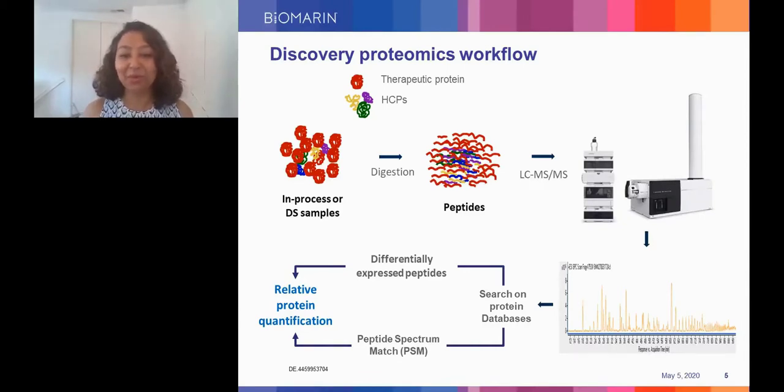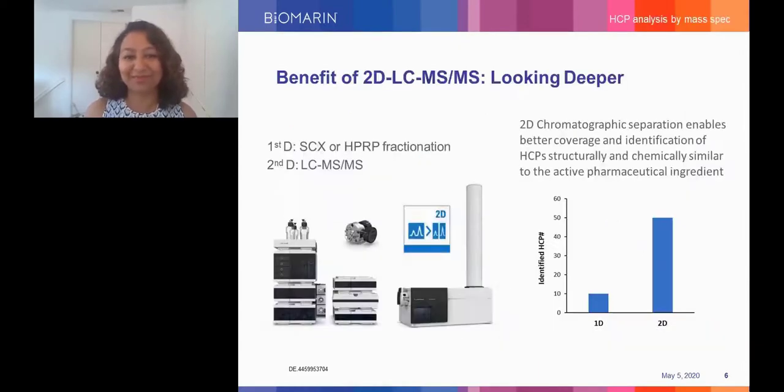Regardless, you end up with a whole bunch of mass spectra of these proteins that are separated by chromatography and then measured using accurate mass and MS/MS, which is your fragmentation pattern that allows you to figure out what the peptide sequence is. Once the sequence is known, we can match that with the database and figure out what protein that peptide belongs to.